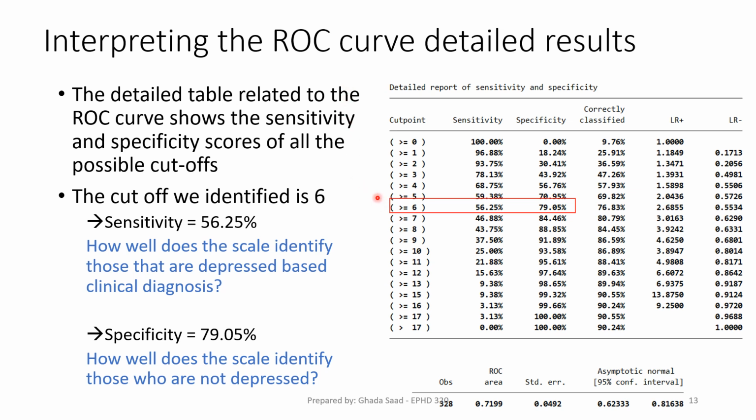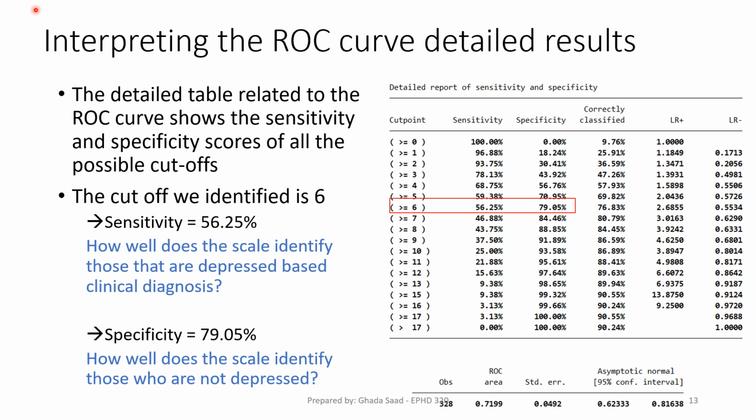And this has a sensitivity of 56.25% and a specificity of 78.05%. So a sensitivity of 56% means that the CESD scale will correctly, positively identify those that are diagnosed as depressed by a psychiatrist 56% of the time.